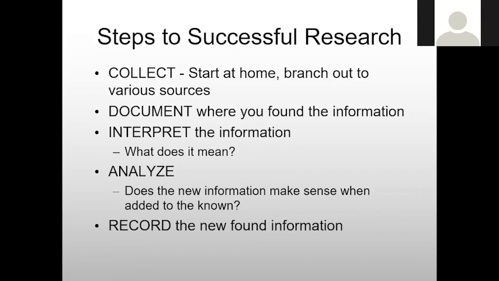But collect all that information and see how much of it you can document before branching out to other resources. You want to document where you found the information. I can guarantee you that after a short period of time, you're going to go back and you're going to look for the same thing over again.